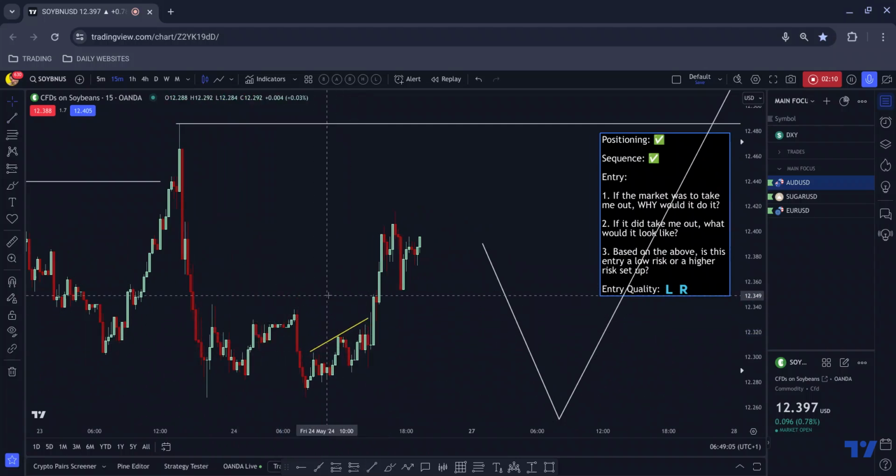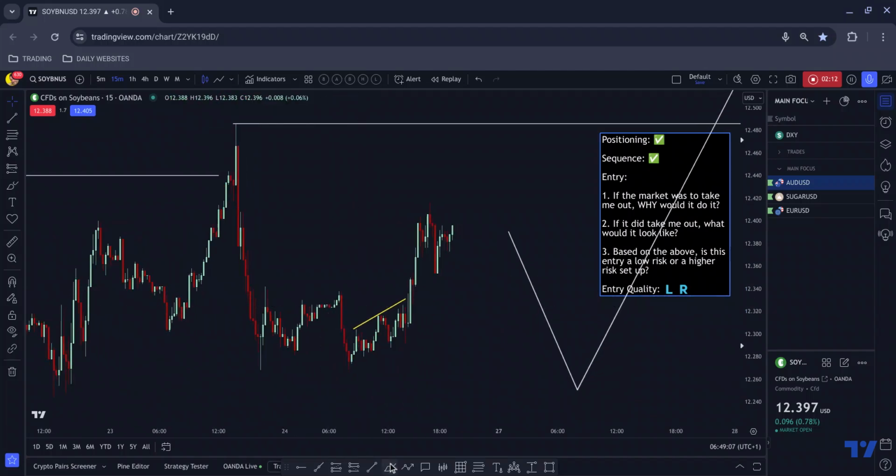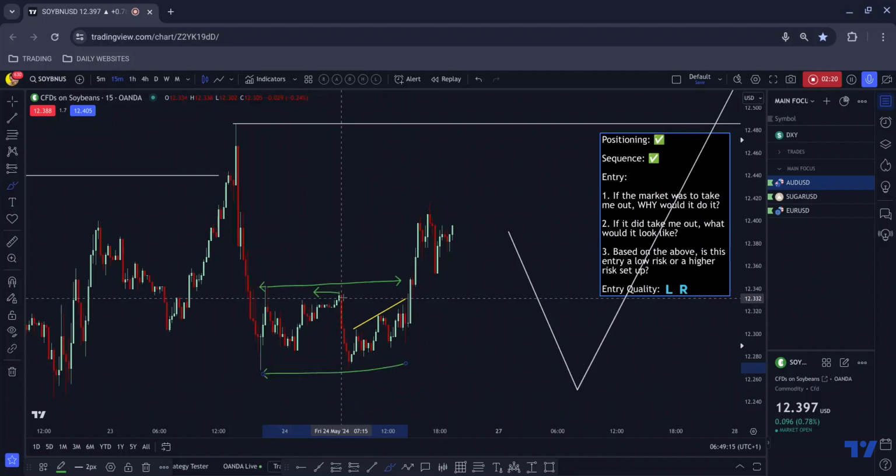And one of the reasons I suggested that is because I said that when you have a structure like this, and you have a near miss to the high, and the middle section is more impulsive than the move into it and the move out of it, what tends to happen is you tend to end up with a 1, 2, 3 structural approach. And that's exactly what happened, right?